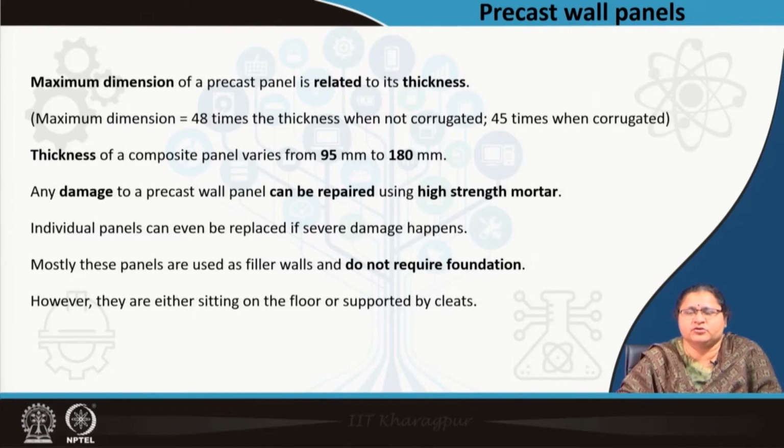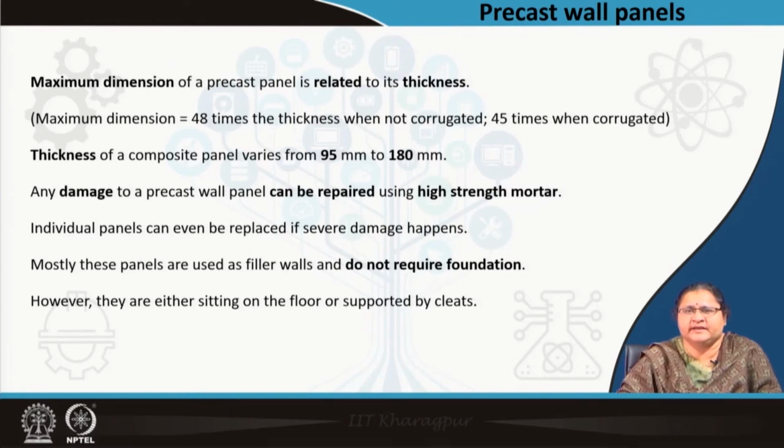Composite refers to there will be two panels and with a central space which may have a void or may be filled with some material to hold it together. These panels are separated from each other. But anyway, if you are not looking for thermal comfort, you can even work with a single layer or a single panel.